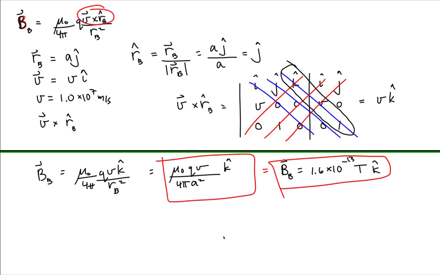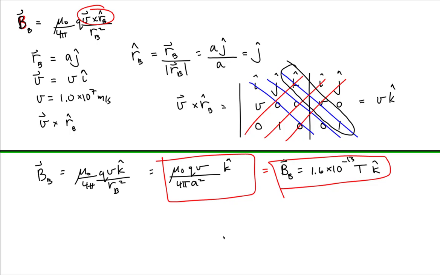Not so convenient if your object isn't moving in a plane or your point isn't in one of the planes relative to the object's line of velocity. And so sometimes using the unit vector version, or if you're given unit vectors for the velocity and the relative position, using the cross product version of the Biot-Savart law, I would say, is the way to go.